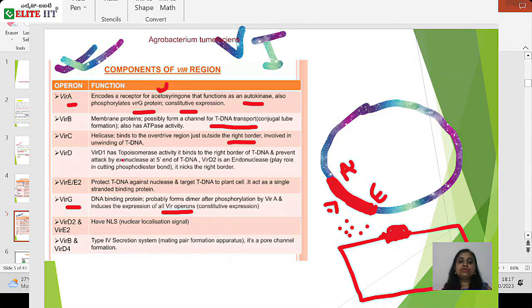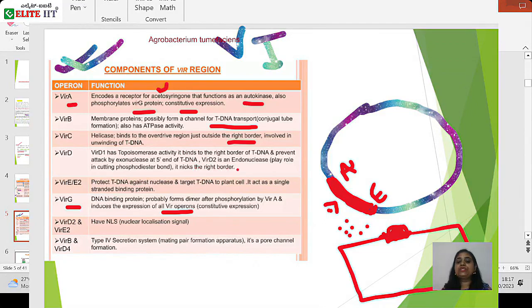VirD1 has topoisomerase activity, so unwinding the DNA, it binds to the right border, not the left border, of the T-DNA and prevents attack by exonuclease. So VirD is binding with the DNA in order to prevent the exonuclease activity, and it is binding at the 5' region.